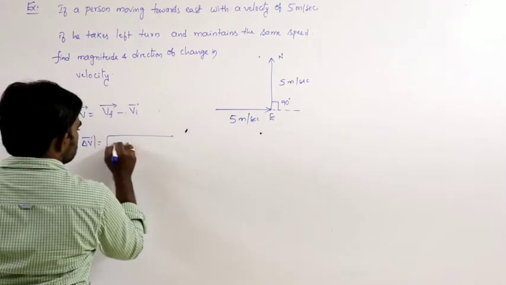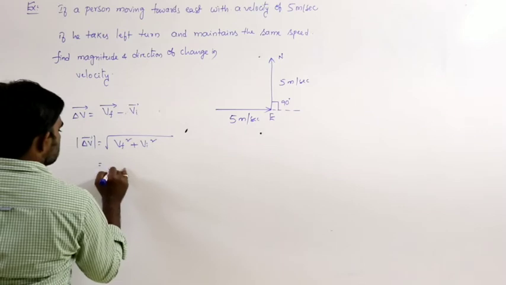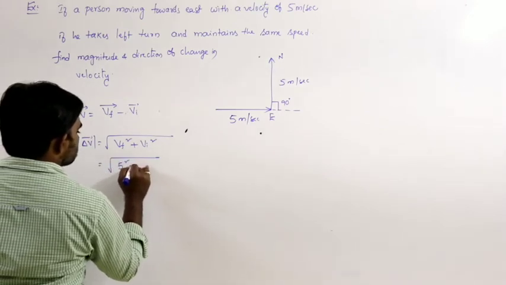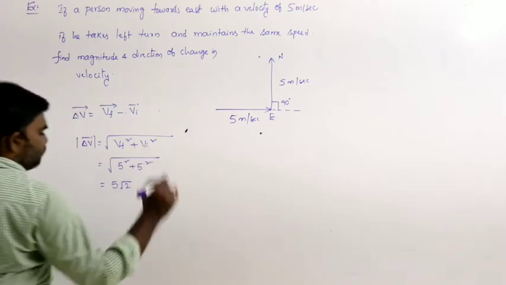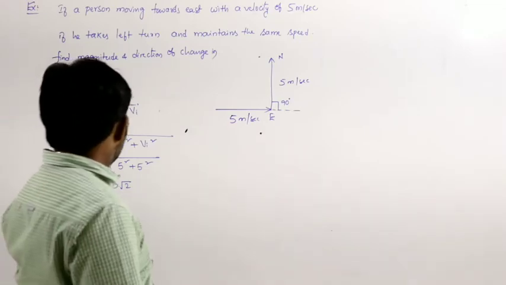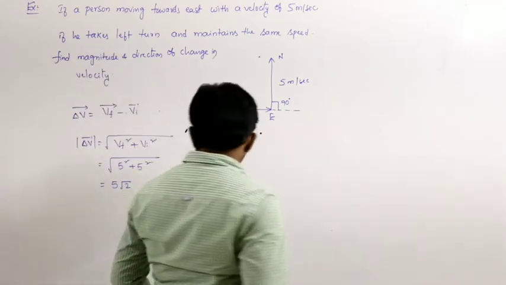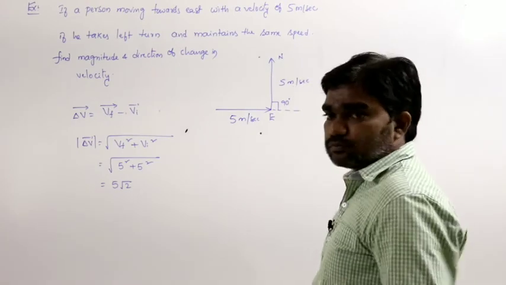Under root Vf square plus Vi square, that is equal to square root of 5 square plus 5 square, that is 5 root 2. Change in velocity is 5 root 2.